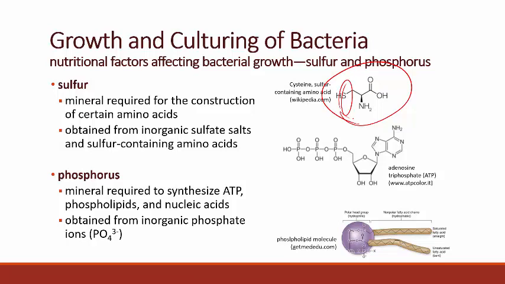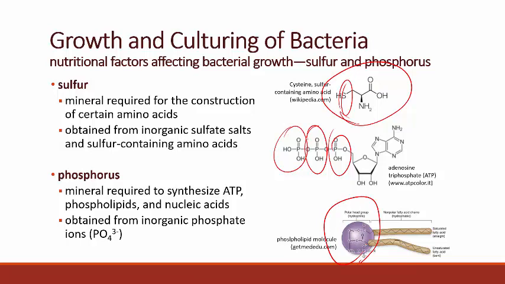Phosphorus is important because you can't build ATP without 3 phosphate groups. There's 1, 2, and 3 phosphate groups. So anytime we're going to build ATP, we have to have phosphorus. Anytime we're building a cell membrane, we have to have phosphorus because it's found in the polar head of a phospholipid. And then nucleic acids also contain phosphorus.